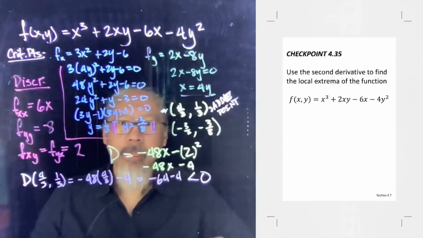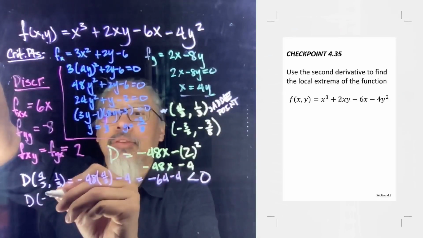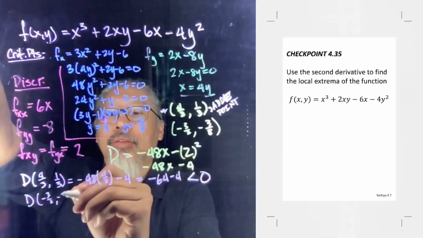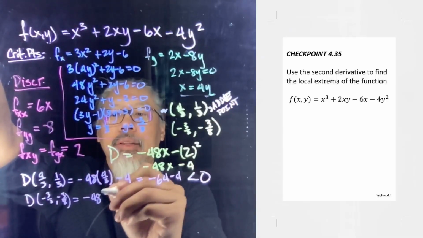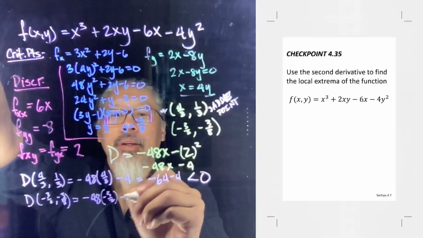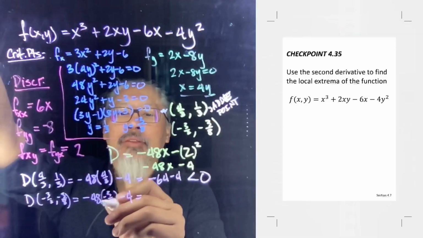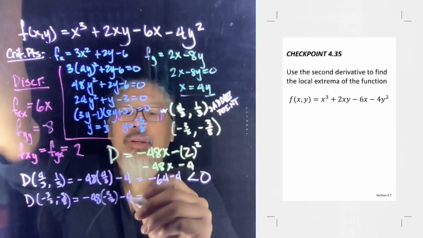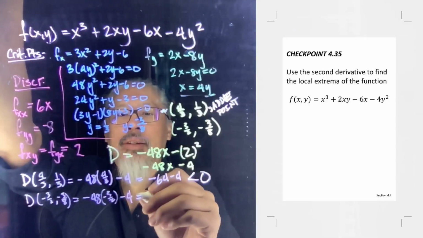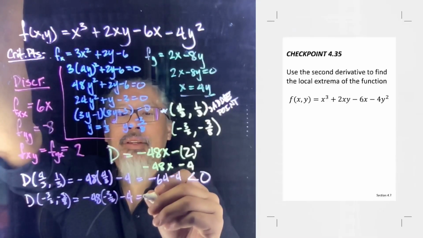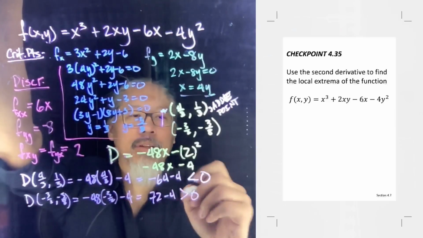Okay, and then we find our negative 3/2, negative 3/8 point. Put that into our discriminant, negative 48 times negative 3/2 minus 4. This will give us a positive 24 times 3, which is 72, positive 72 minus 4. Well, in any case, that's bigger than 0.